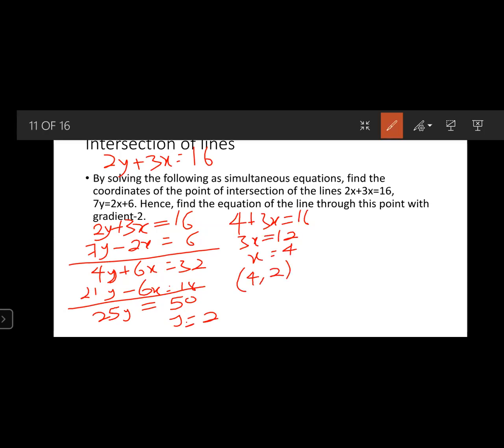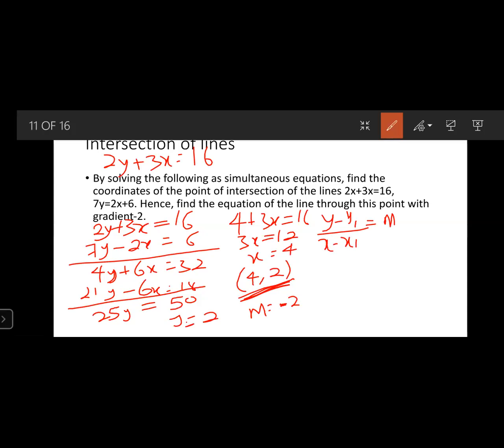So what does that mean? It means we have a point now, and the gradient has been given as what? Minus 2. So it means gradient and a point form. And what formula do we apply? y minus y1 over x minus x1 is equals to the gradient.